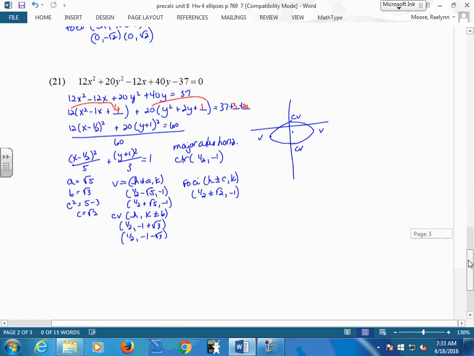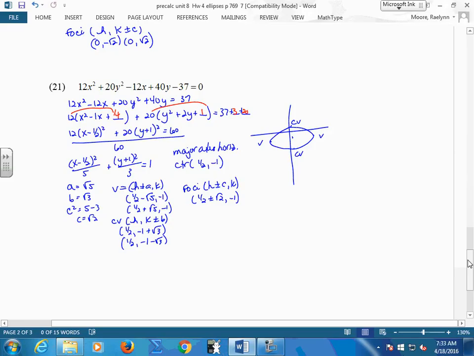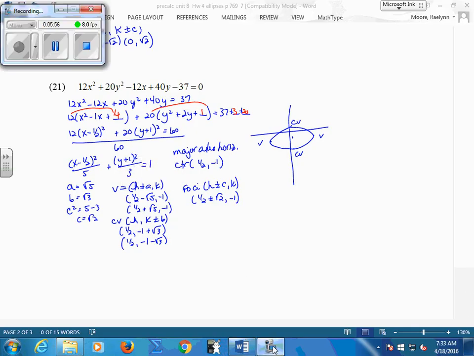And then the last one was another complete the square. You had a little bit of a fraction in your center, which changes all your vertices. They look weird, but they're really easy formulas to work.